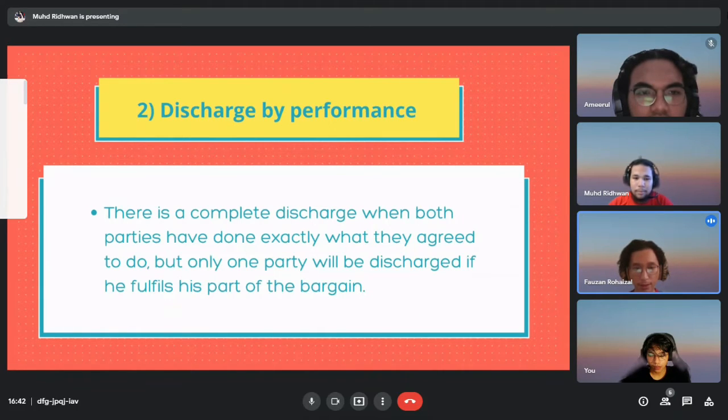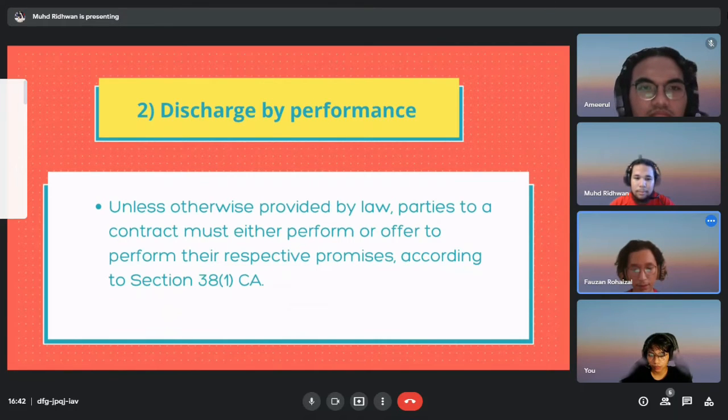There is a complete discharge when both parties have done exactly what they agreed to do, but only one party will be discharged if he fulfills his part of the bargain. For example, if a person has been put into a contract for a month, but they decided to finish it earlier than the contract that has been given, this is what we call discharge by performance.